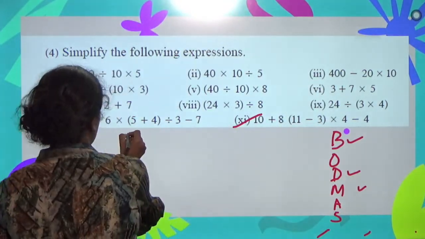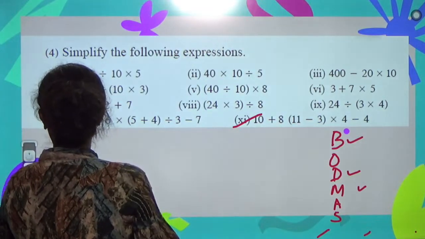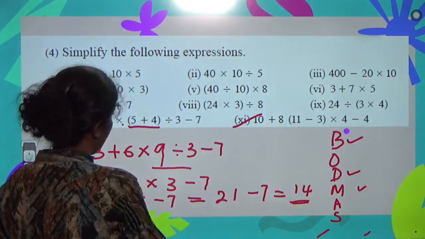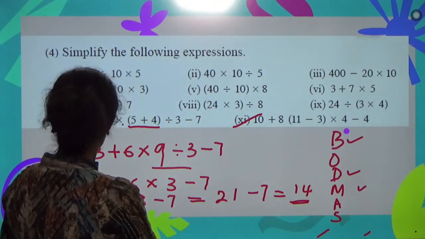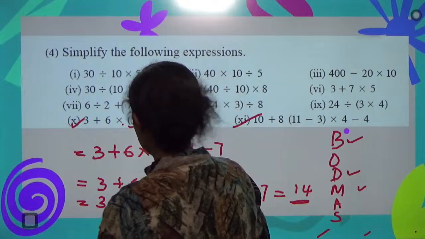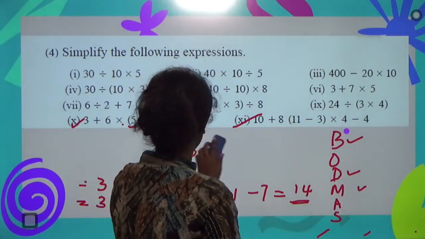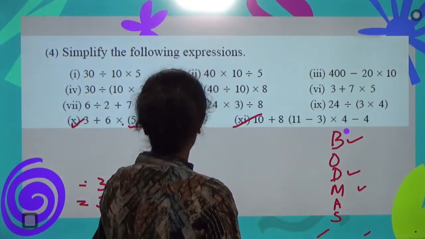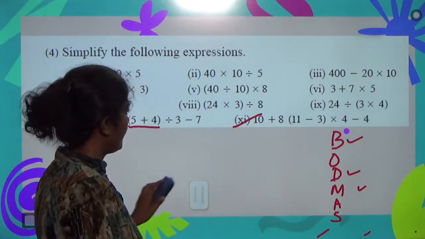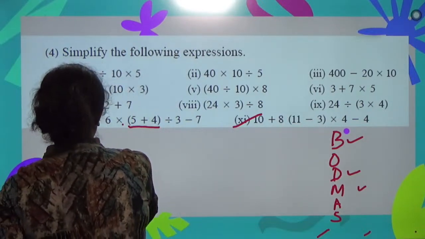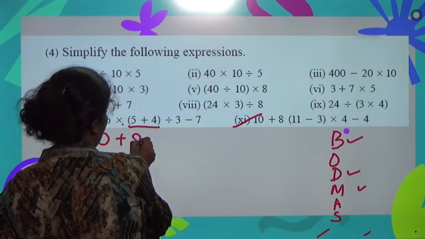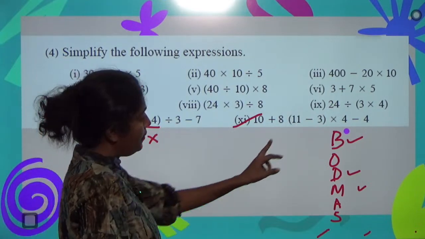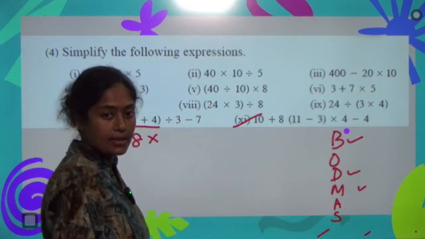Then 10 plus 8 multiplication within brackets 11 minus 3.